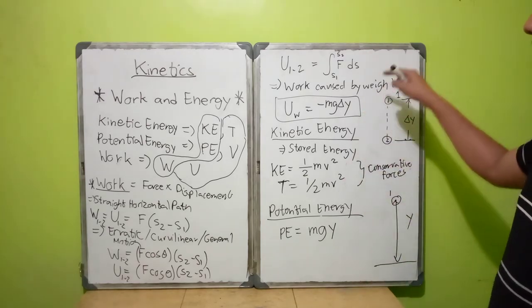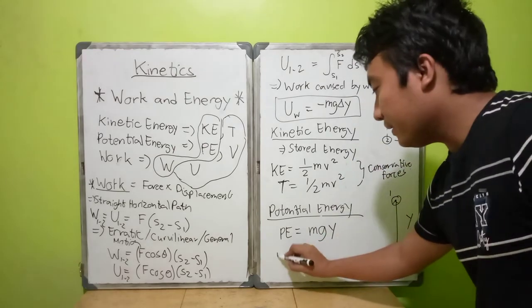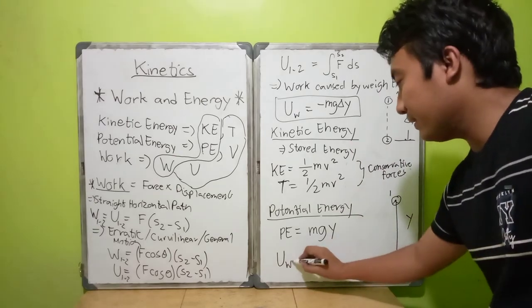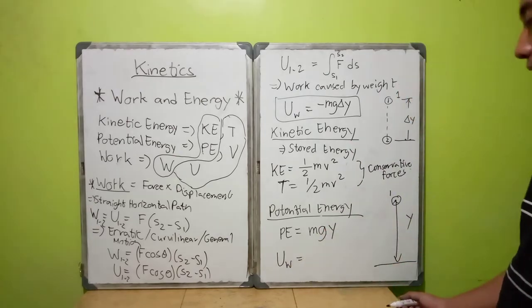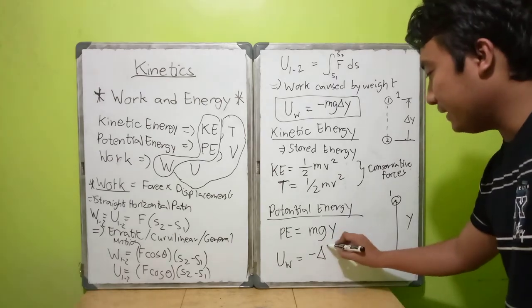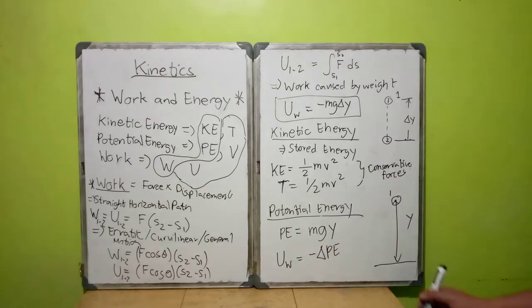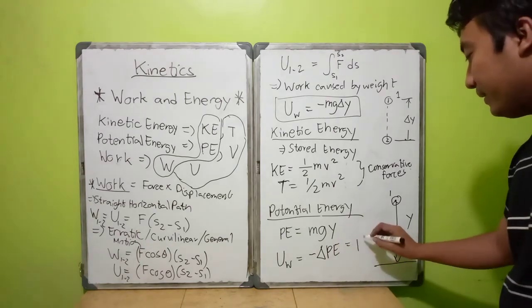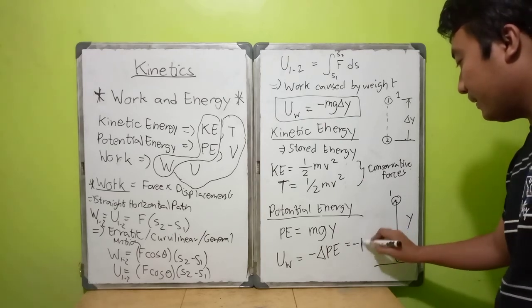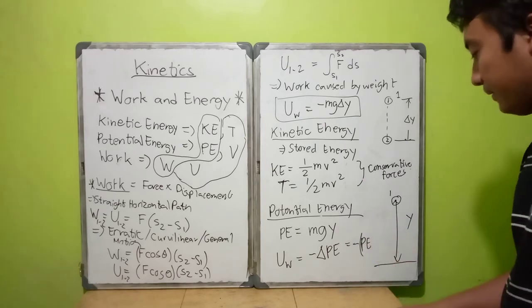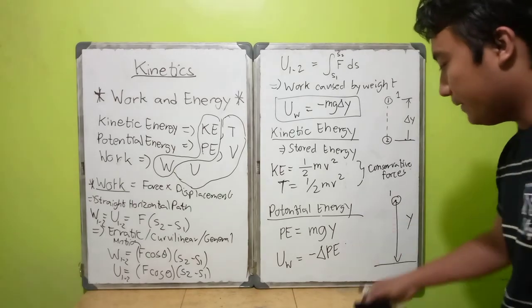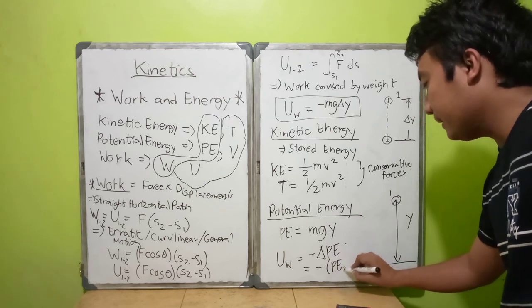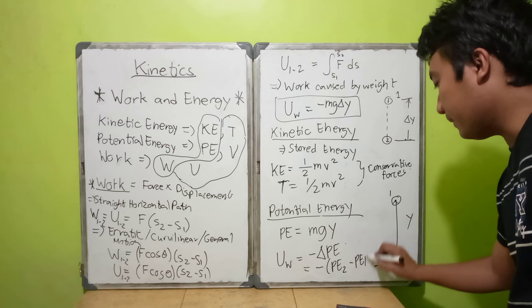The relationship is that the work caused by weight, or the conservative force, is the negative change in potential energy, or negative PE sub 2 minus PE sub 1.